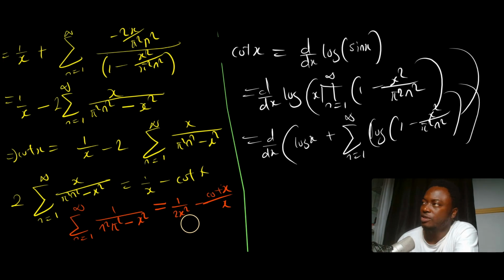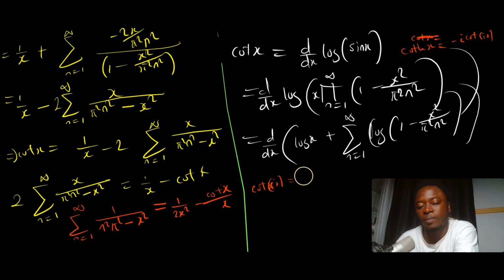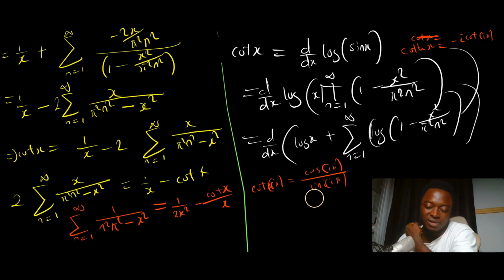And you notice that again, the hyperbolic cotangent of x should still be negative i times cotangent of ix, because you have cotangent of ix to be cosine of ix divided by sine of ix, and you have to divide by negative i, negative 1 over i, but that's the same thing.